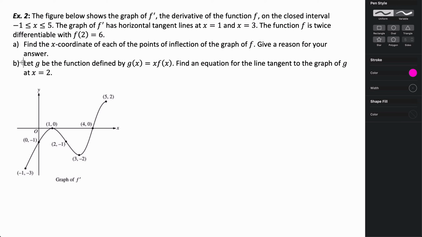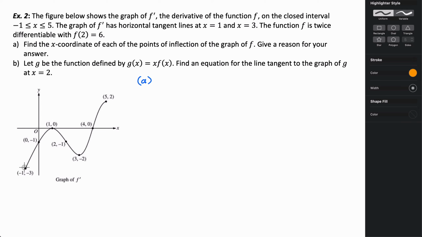Okay, so part A, x-coordinate of each of the points of inflection of the graph. If you recall when we were just talking about points of inflection, when considering the graph of f prime, that's when f prime changes from increasing to decreasing, and then also from decreasing to increasing.